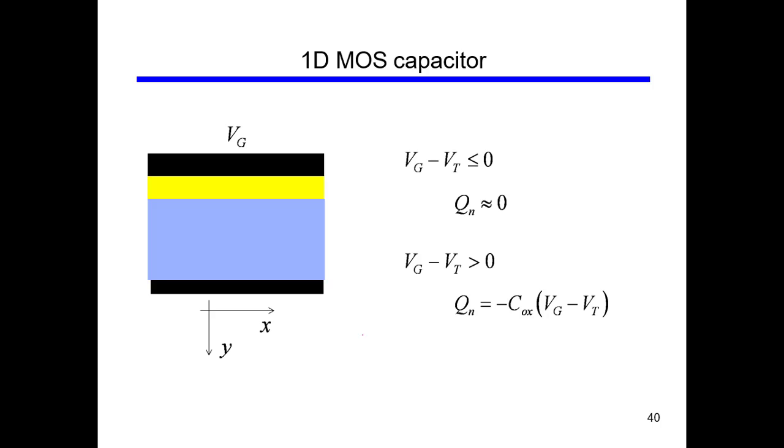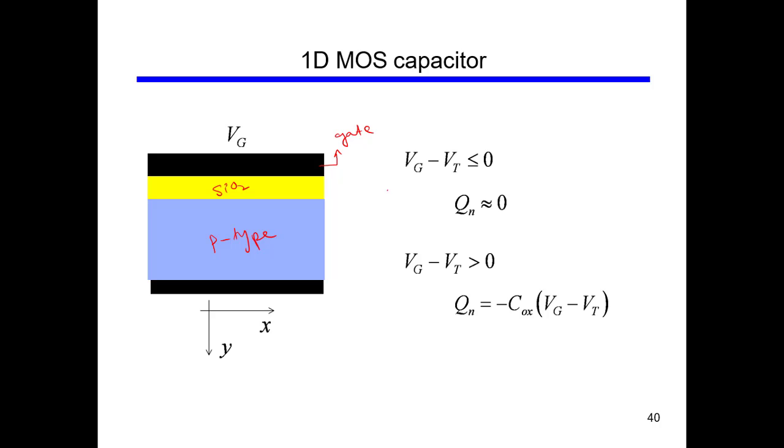So we start with this simple case where we have a 1D MOS capacitor. This is our gate, this is our silicon dioxide, and this is our semiconductor.